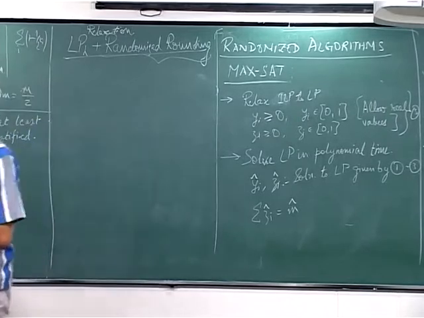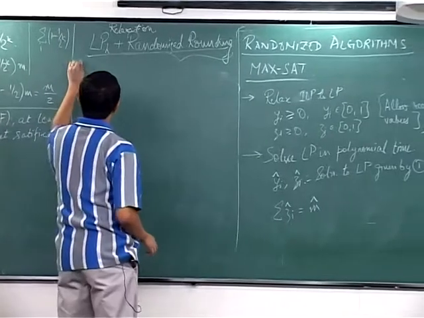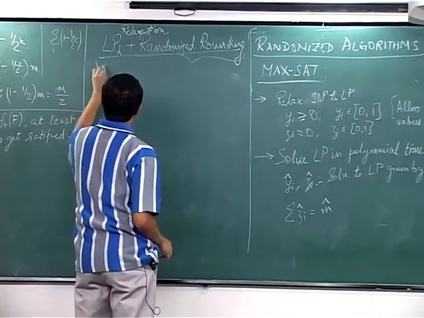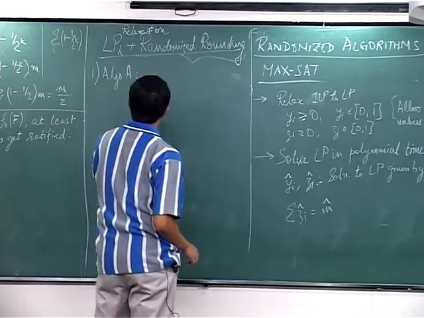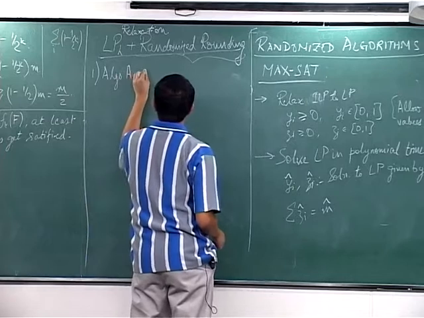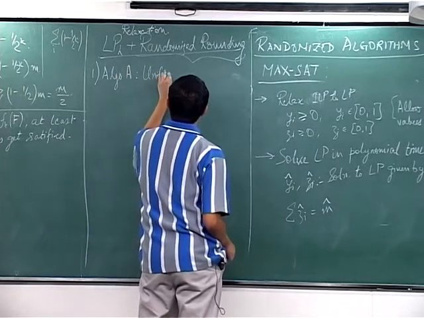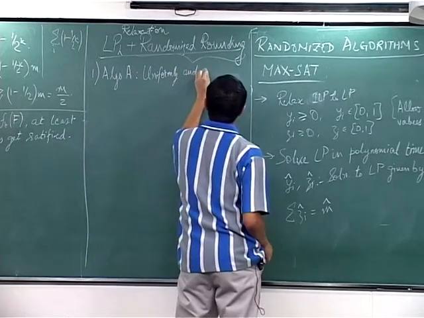So let me do a summary. We looked at algorithm 1, we looked at uniformly and randomly.